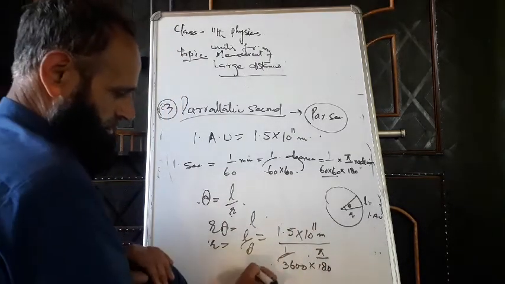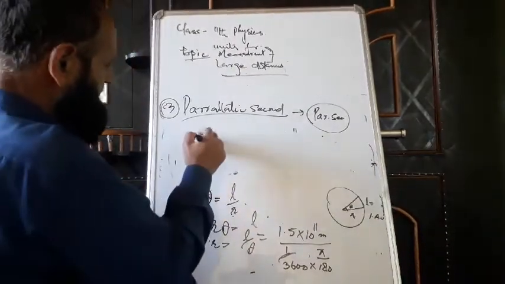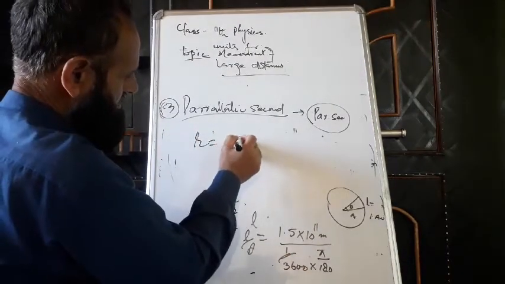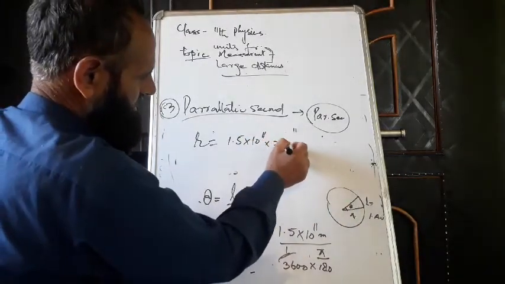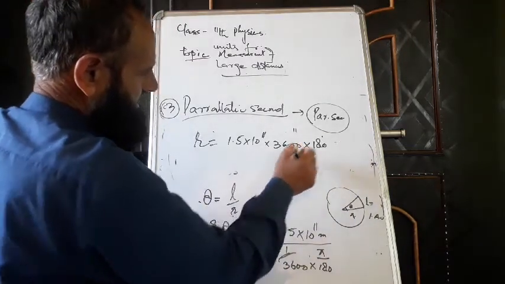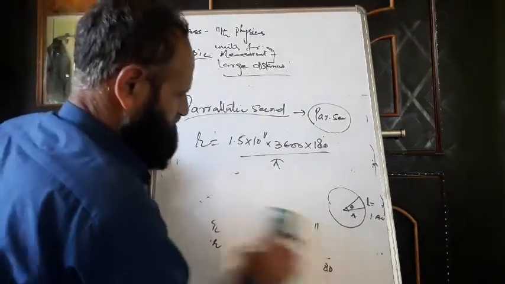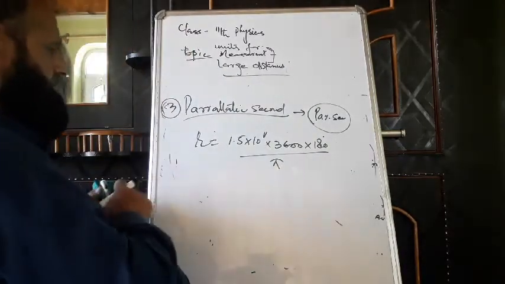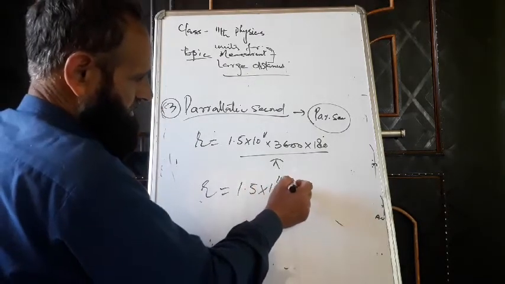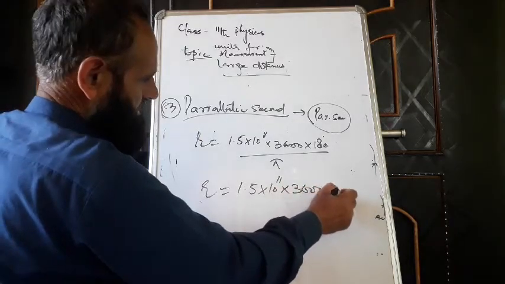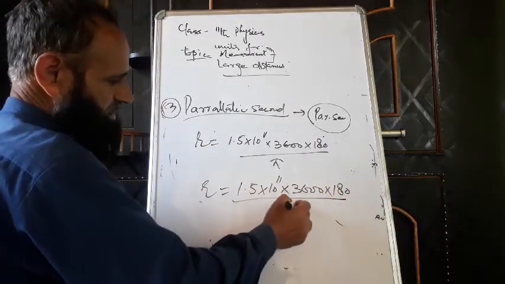Inverting this, R is equal to 1.5 into 10 raised to power 11 multiplied by 180 divided by 3600 into pi. Instead of pi I can take 3.14.